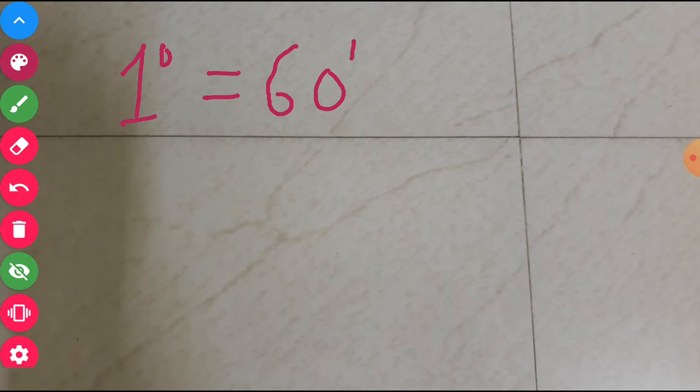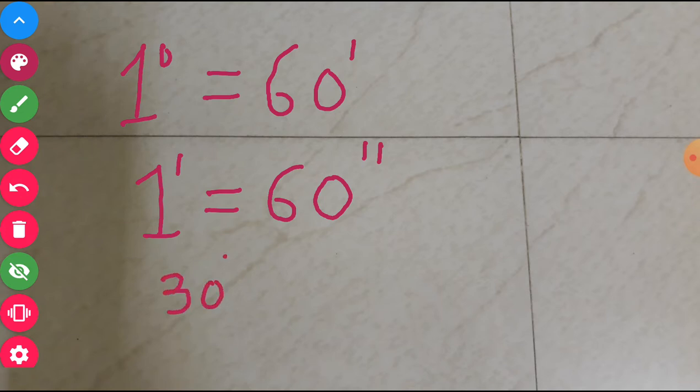Another thing, this 1 minute is equal to 60 second. This you should remember. So if the angle is given in minute, say 30 minute is the angle which is given to you, then first of all you have to convert this into degree.